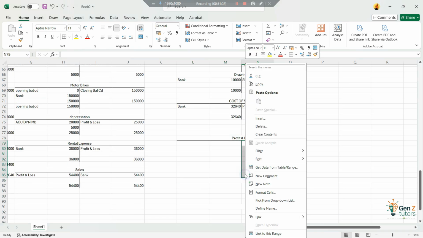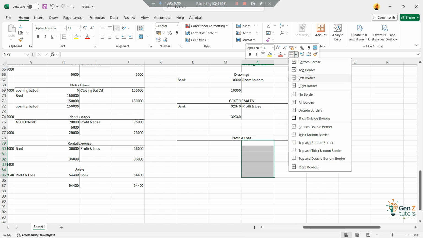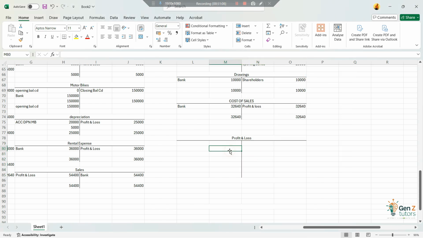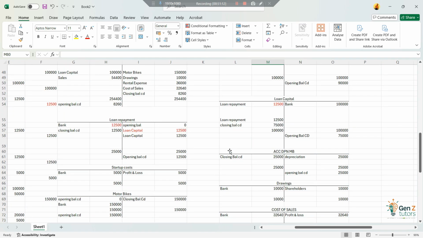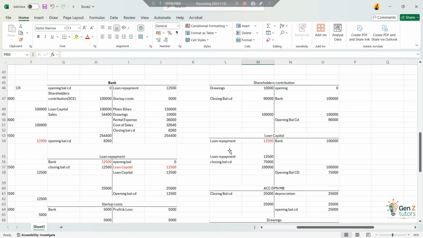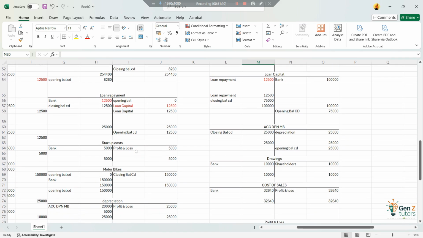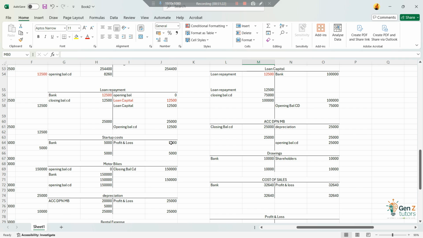You understand? Then you have this profit and loss ledger, and then now we go and look for which ledgers are closed off to the profit and loss. Then you go and say bank, that's SFP, loan repayment, that's SFP, startup cost, that's an expense, we closed it off to profit and loss.